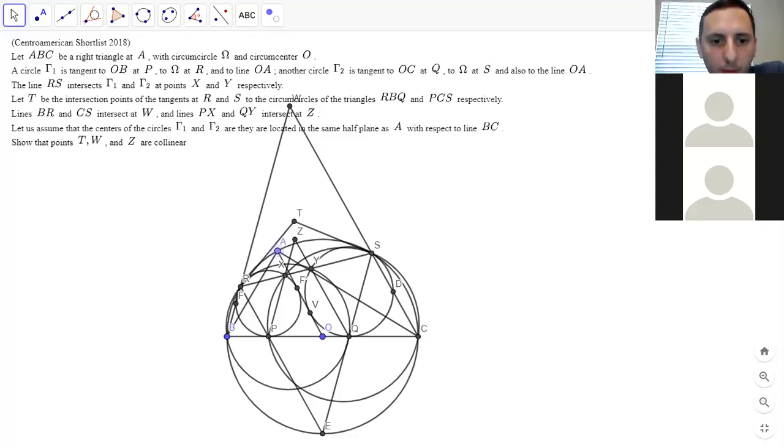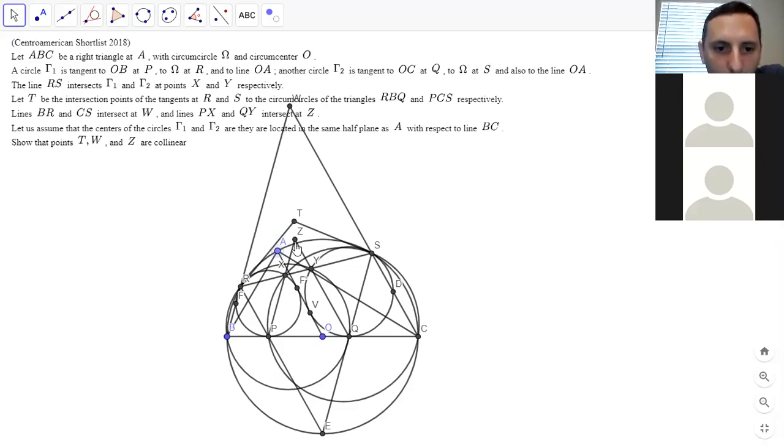So how do we know W lies on the radical axis of those two circles? Well, ZS times ZC equals ZR times ZB. Sorry, it's not Z, it's W. So W lies on the radical axis of those two bigger circles, right? T also lies on the radical axis by the angle chase, but Z, to me, looks like it lies on the radical axis of the smaller ones.